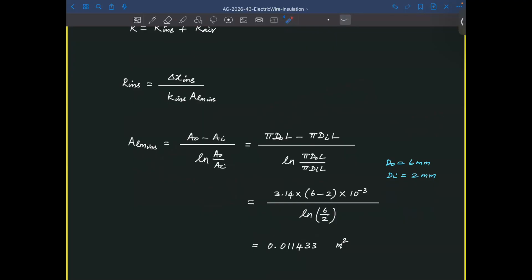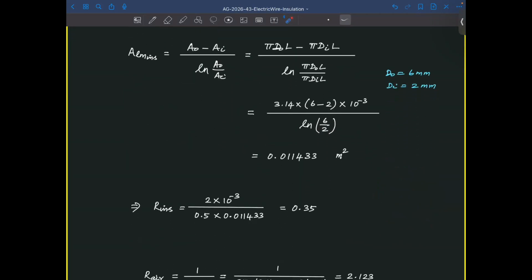The inner diameter of the material is 2 mm, over which we have 2 plus 2, so the total is going to be 6 mm. That is the outer diameter with insulation. This is in mm, so convert that to meter, and ln of this, we are having this much.